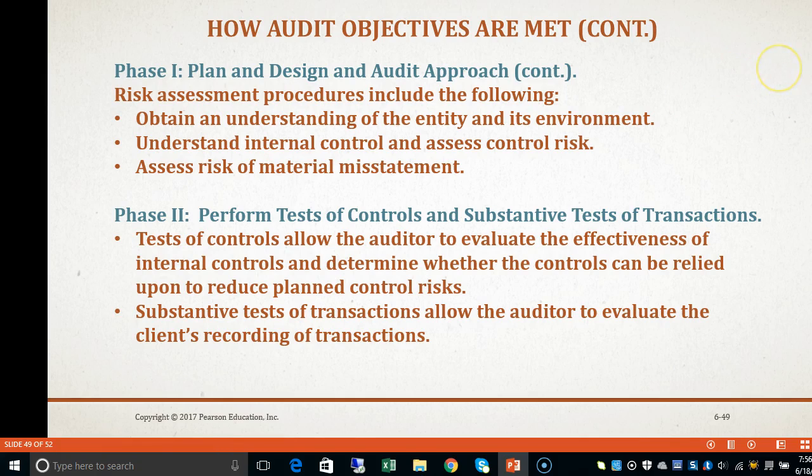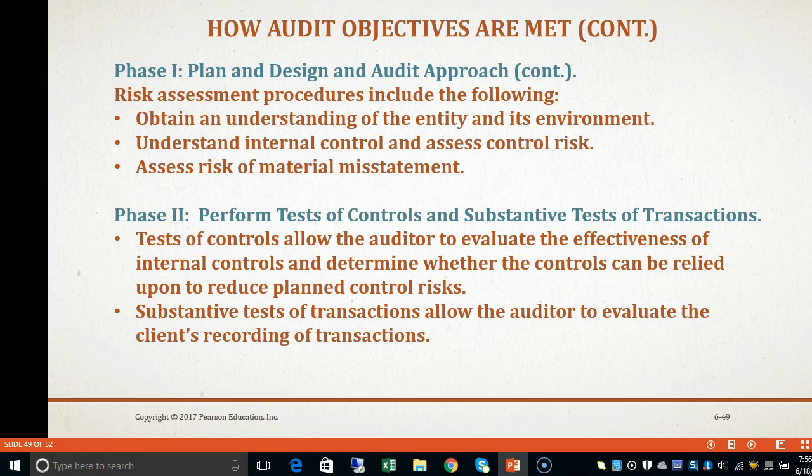And risk in this nature in auditing is really basically determining the chance of error and misstatement, material misstatement. That's what we mean by risk. Not that the business will fail or go out of business, not a financial risk, although that could be determined in an audit as well.